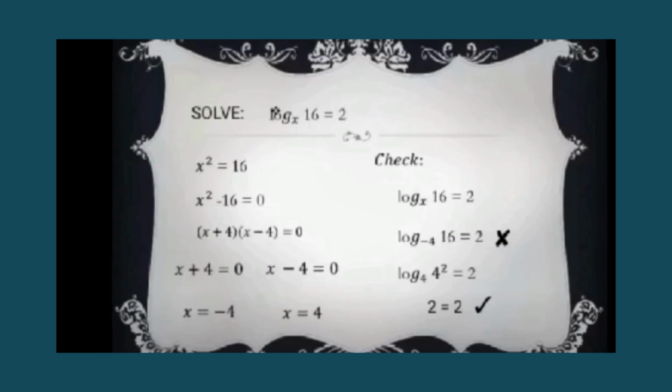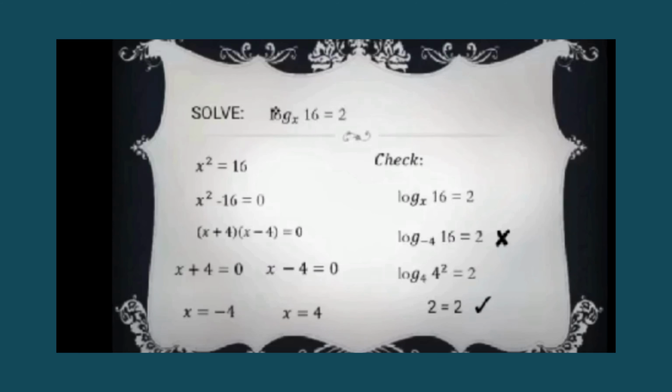Now, let's check log of 16 with the base x is equal to 2. If we substitute the first value of x, that is negative 4, now this is not defined. So negative 4 is not part of the solution. How about positive 4? So let's see.